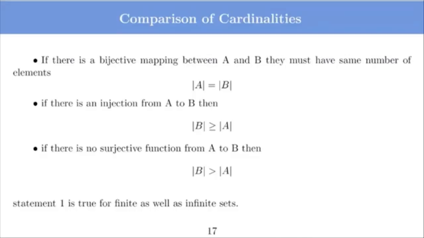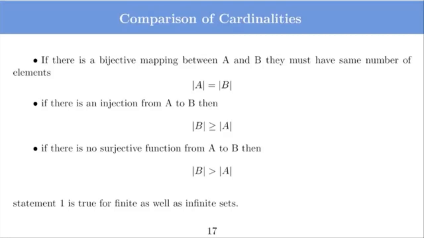Now we come back to the comparison of cardinalities of two sets. With this function mapping, we can say the following, at least you can understand it very easily for the discrete case, for finite sets. If there is a bijective mapping between two sets A and B, then they must have the same number of elements, right?